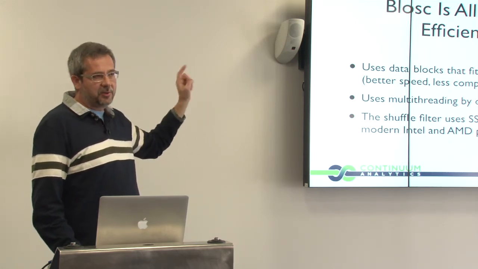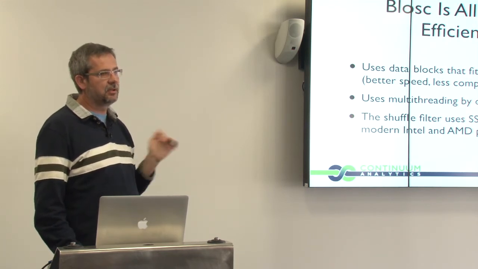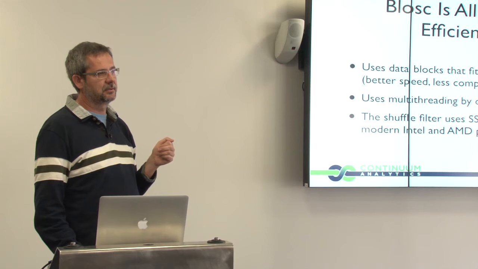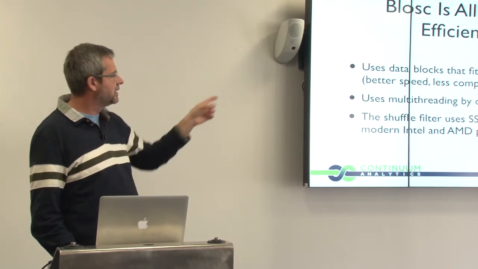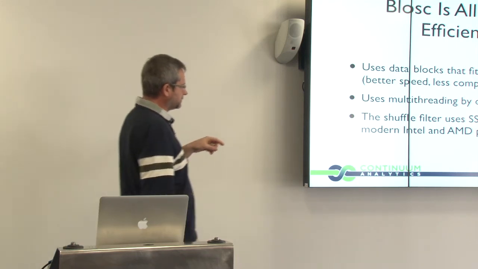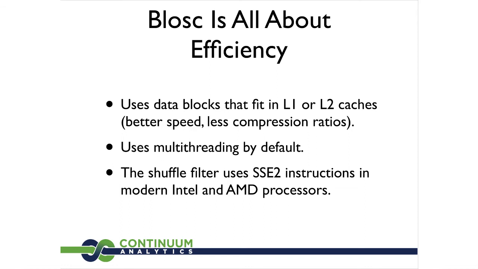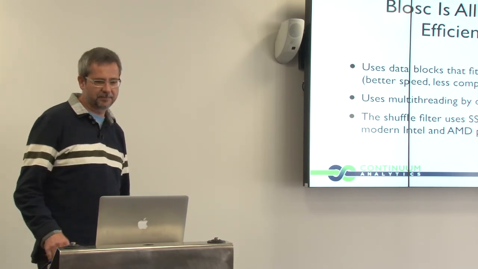It's very important, it uses multi-threading by default. Nowadays, all the CPUs come with several cores. So why would you have different cores doing nothing? Okay? So multi-threading is activated by default. And then it uses the shuffle filter that I mentioned before, which uses the single instruction multiple data, SSE2, in all modern Intel and AMD processors nowadays. Okay?